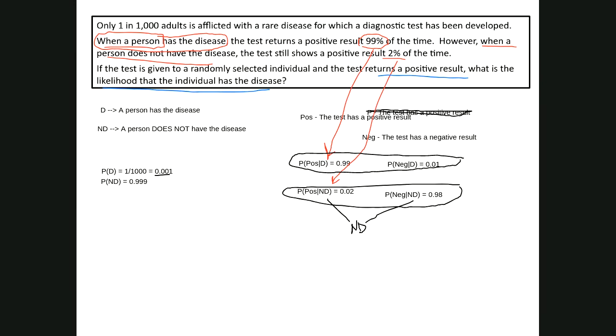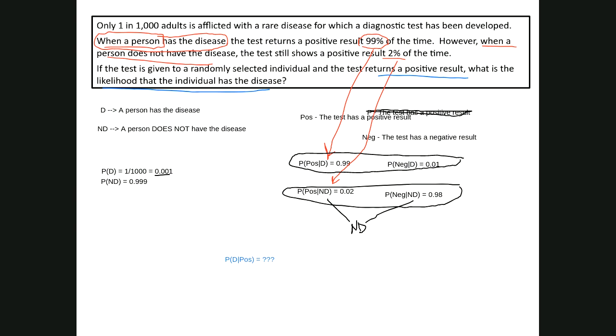So what we really want to calculate is the probability that the person has the disease given we have a positive test. That's what we don't know. But we can use Bayes' rule to get that.